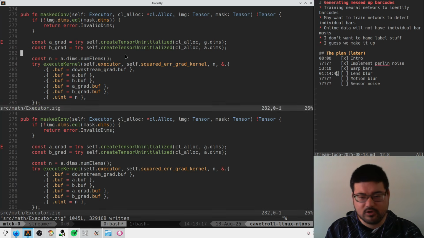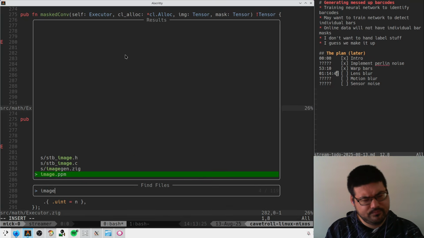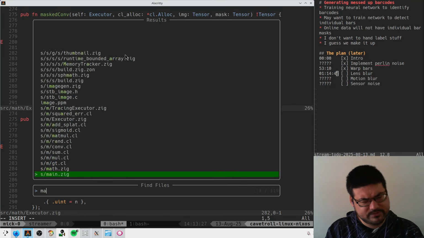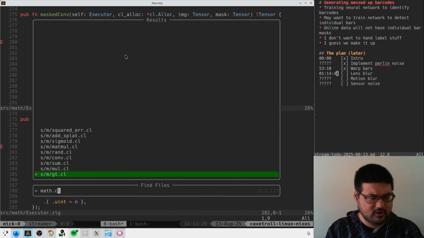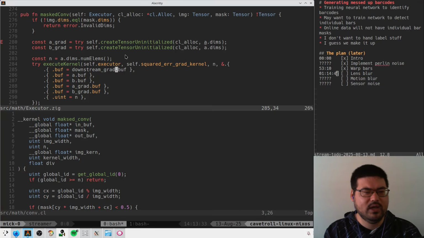Then what is in our kernel? What do we call this? Conv CL? Nice, okay. So here we have buffer of image, buffer of mask, buffer of return, and we have uint of the image width.